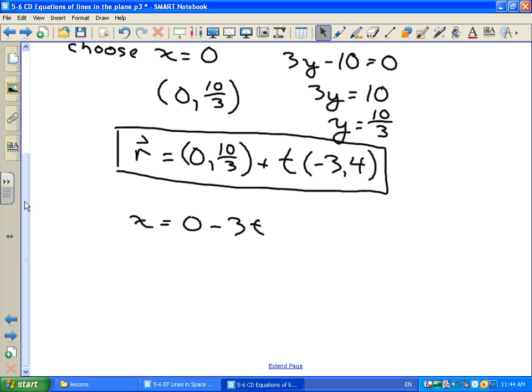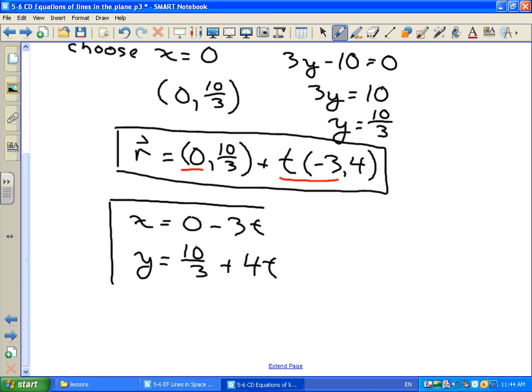Yep, we're just taking the x components out, and our second equation is going to be plus 4t. Okay. And that's our parametric.